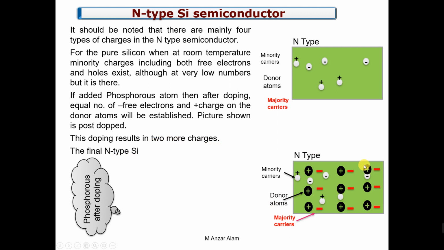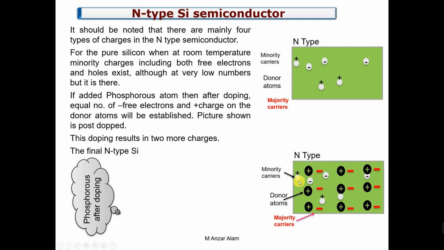In the final n-type material, we have this plus charge on the donor atom, we have these free electrons, and the minority carrier is holes, which come from the thermal effects, together with an electron. So this electron and this electron will combine with each other, and there will be more majority carriers. So there will be plenty of free electrons.